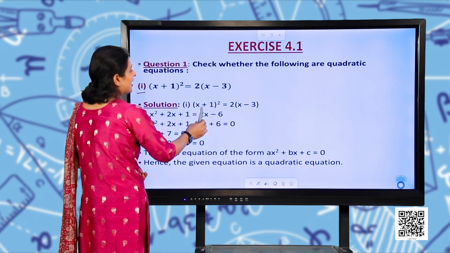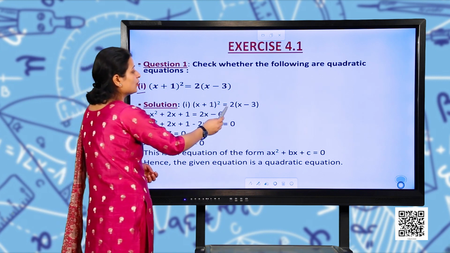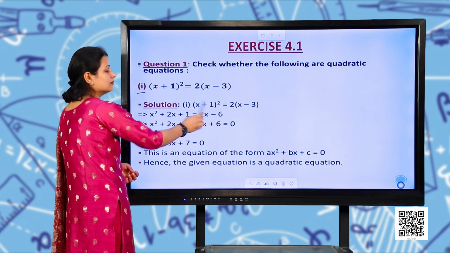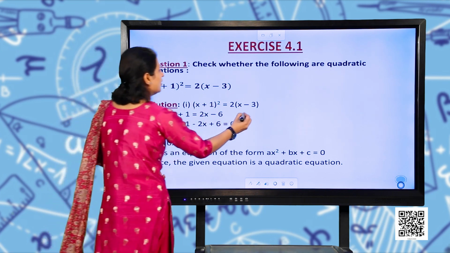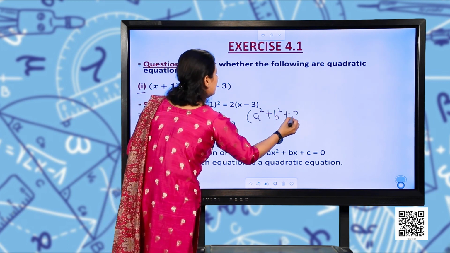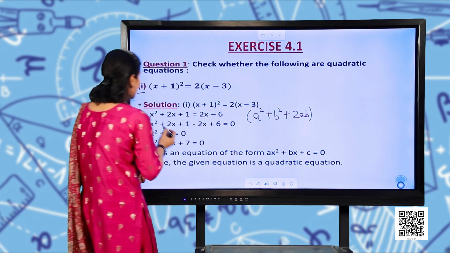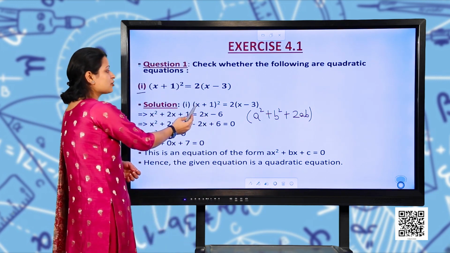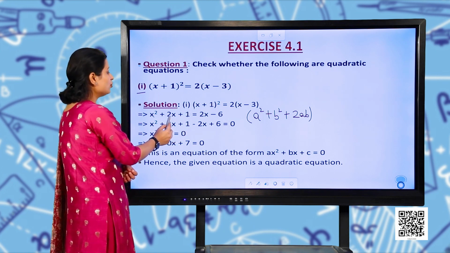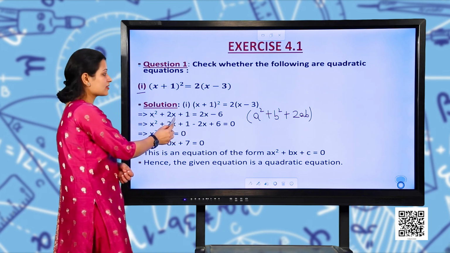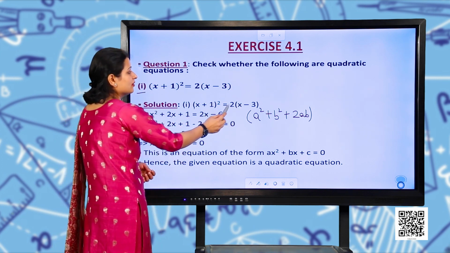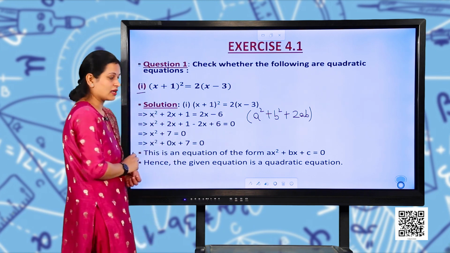We will open this by using the identity a square plus b square plus 2ab. So what will you get? x square plus 1 square is what? 1, plus 2 into x into 1 is what? 2x. Now multiply 2 by x, you will get 2x, 2 into minus 3 you will get minus 6.